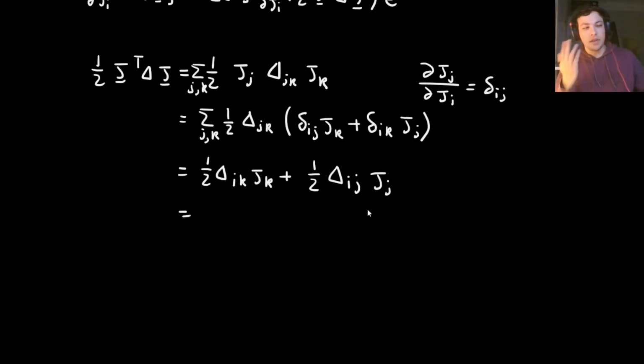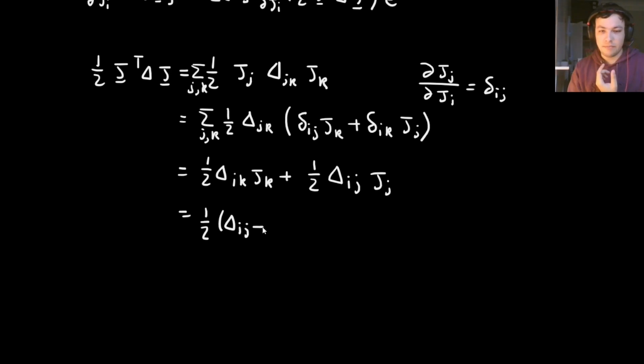Now k and j are dummy indices, so that is just 1/2 (delta_ij plus delta_ji) J_j, which is just delta_ij J_j.